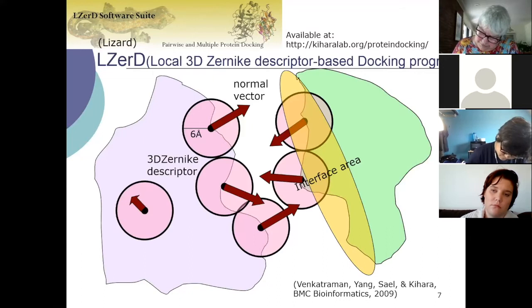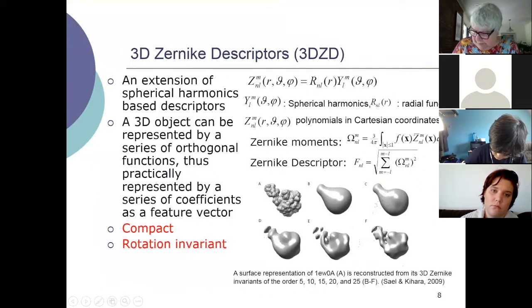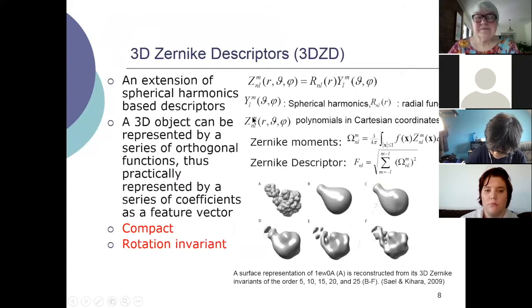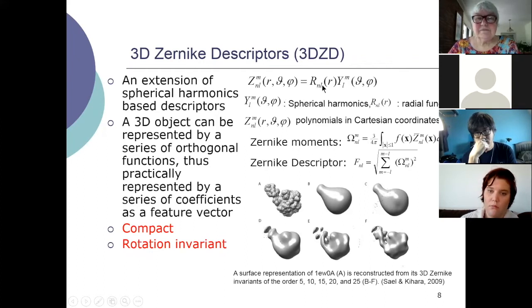So now I will explain a little bit about this Zernike descriptor. The Zernike descriptor is a mathematical representation of molecular, or actually 3D objects, using a basis function. It is based on the series function called the Zernike Canterakis basis, which has the form in the first equation.